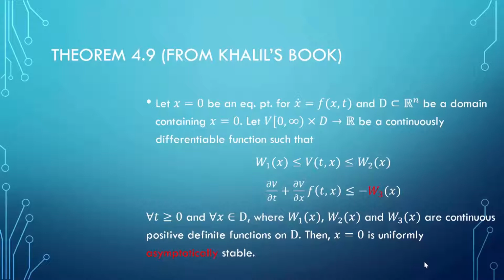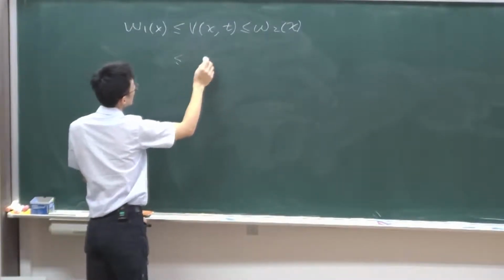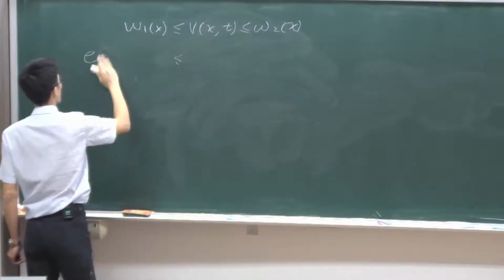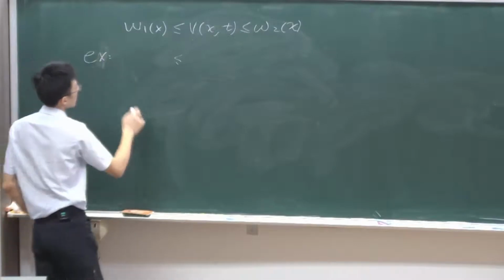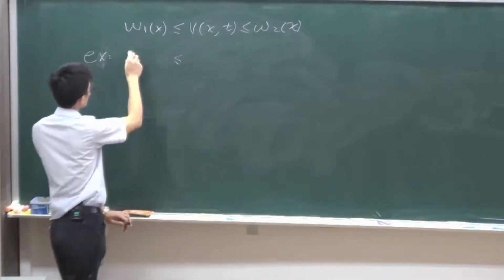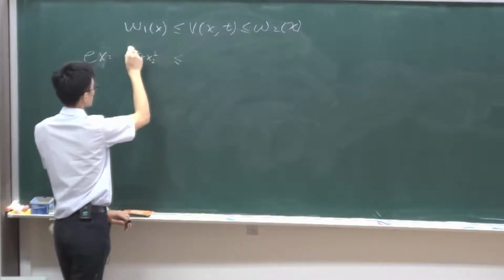Could you give me an example of this V? And the lower and upper bound is x1 squared.